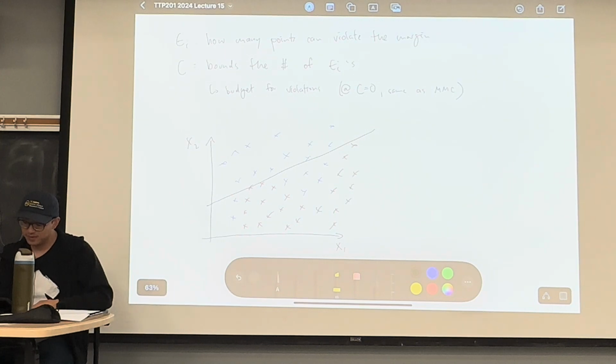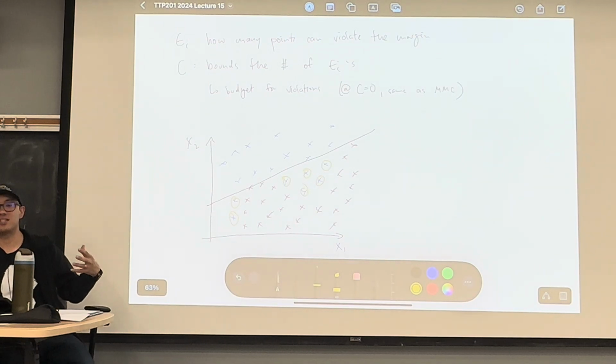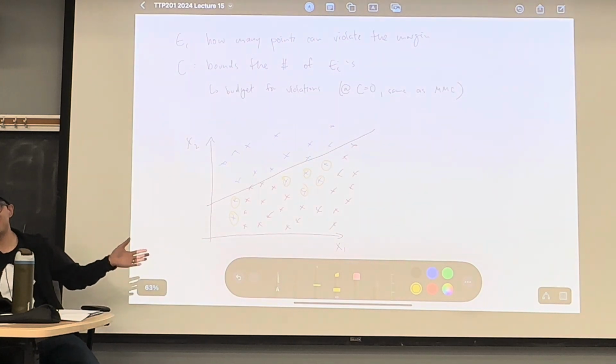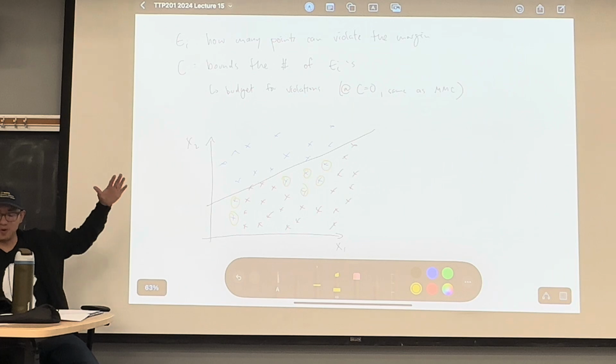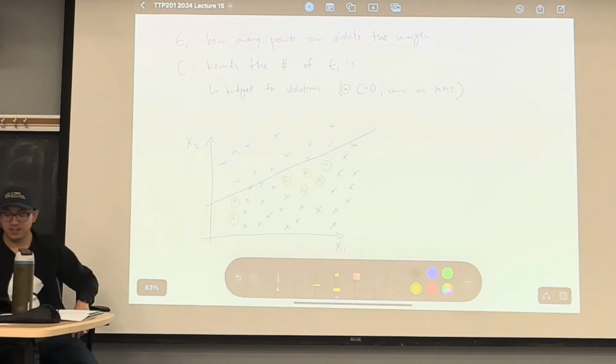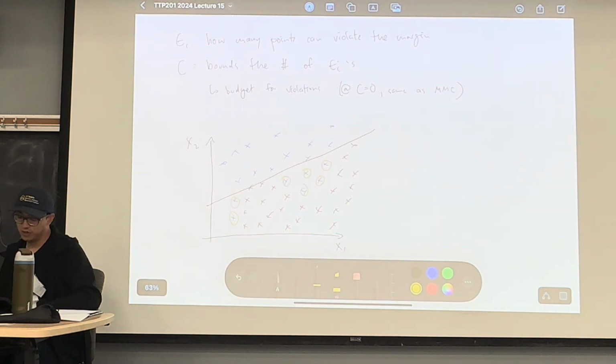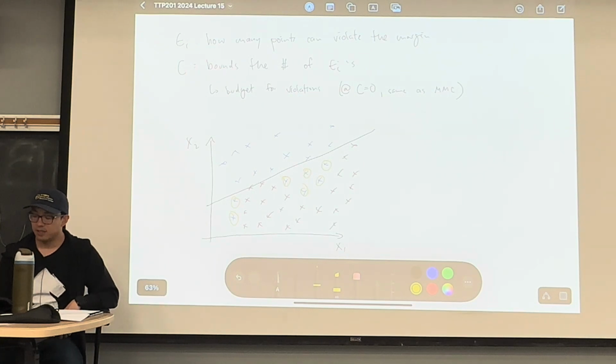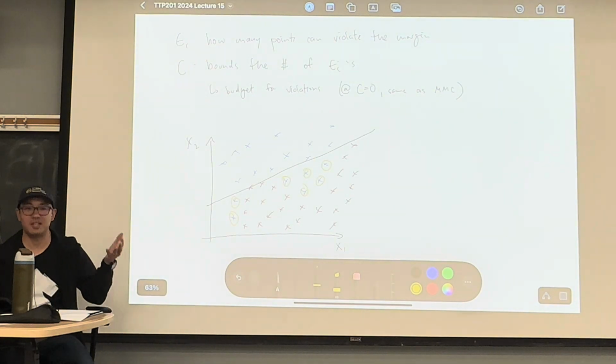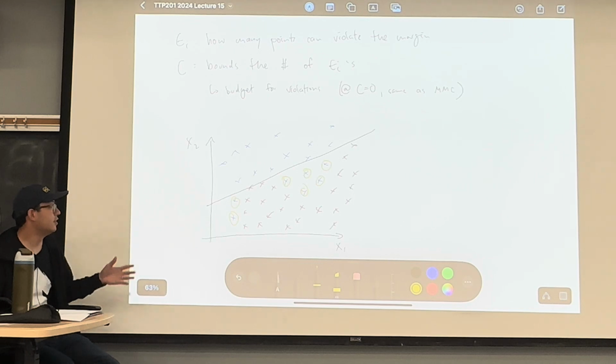And then I might be violating a couple points here, right? So I would just need to make sure my C is large enough. And maybe this is the best one, maybe it's not the best one, maybe I could get one where C is actually lower if I move the line down a little bit. Right, but this works. This is something that the SVC could actually do.